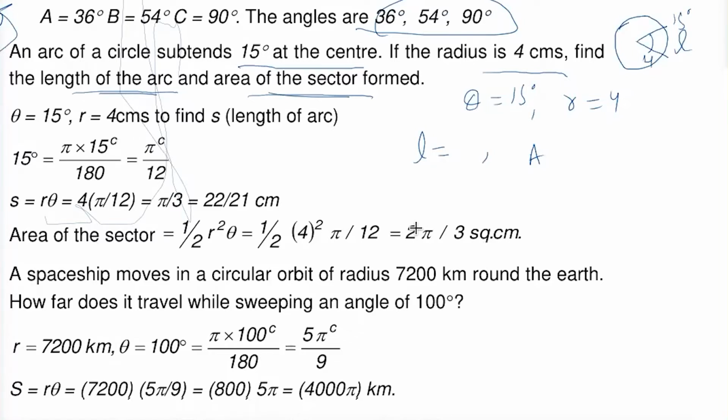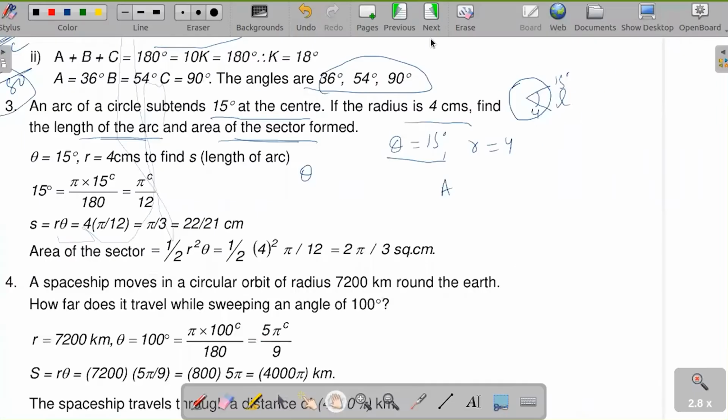Anyone? What will be the answer? L is theta r. So it will be 15 into 4, like 60 centimeter. Is it correct or not? Maybe we need to change it to radians, because this formula is always useful in radians. So we have to convert into radians first.